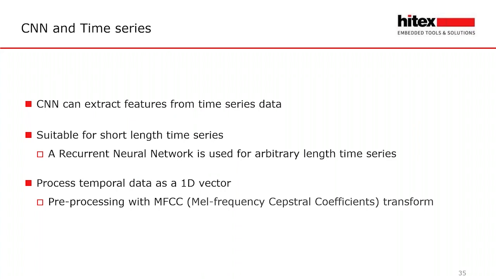Alongside using a convolutional neural net to detect features in images, we can also use it for time series data as well. This is generally over a short block of time series data. There are other methods for arbitrary length data, such as recurrent neural nets. Basically, we take the time series data and pre-process it into a spectrogram using an algorithm called a Mel frequency cepstral coefficient.